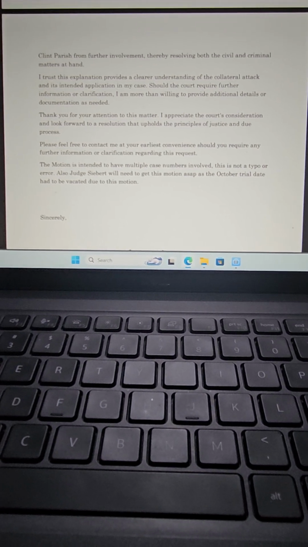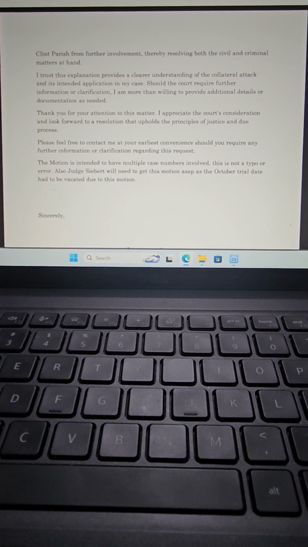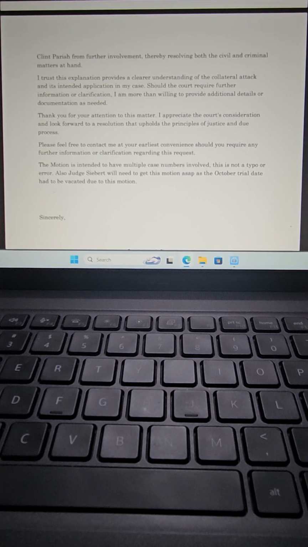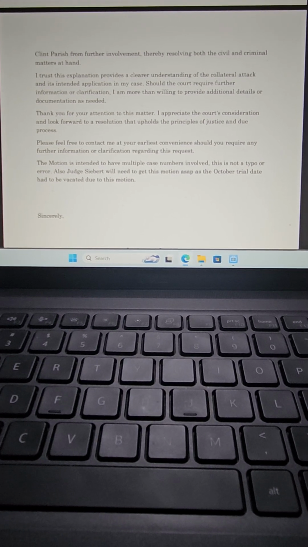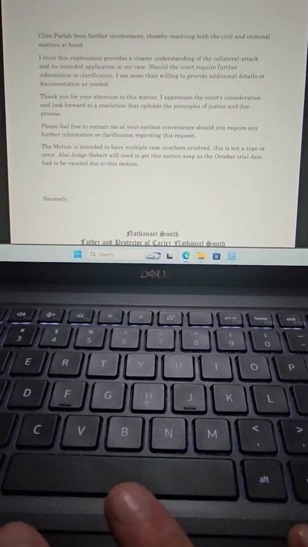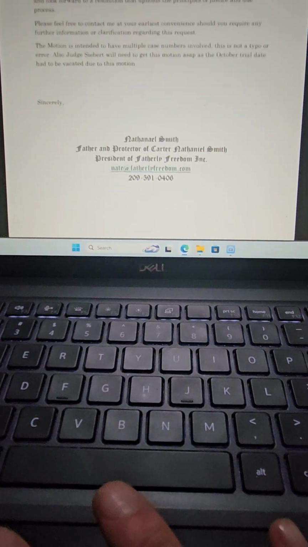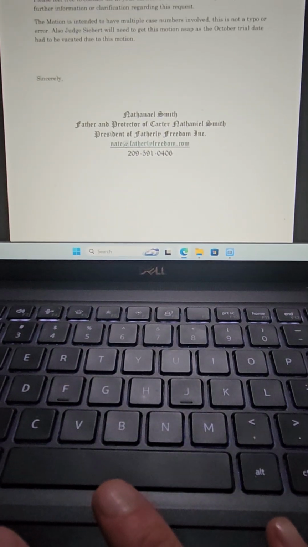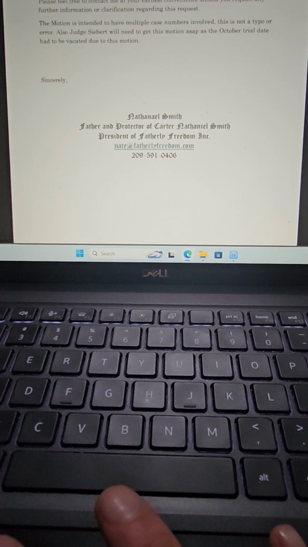The motion is intended to have multiple case numbers involved. This is not a typo or an error. Also, Judge Siebert will need to get this motion ASAP as the October trial date had to be vacated due to this motion. Sincerely, Nathaniel Smith, father and protector of Carter Nathaniel Smith, president of Fatherly Freedom Incorporated, Nate at fatherlyfreedom.com, with my phone number.